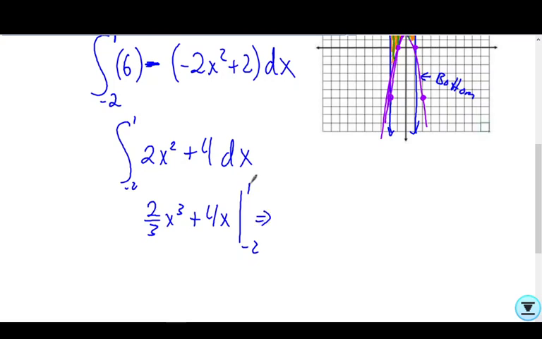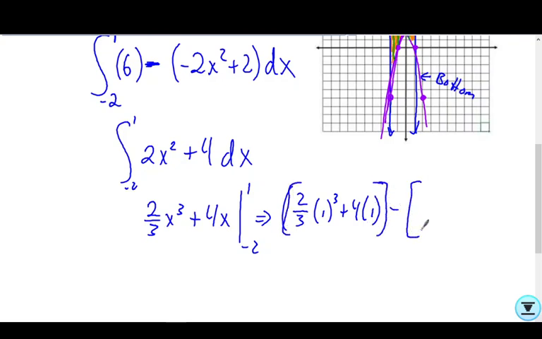We plug in our top limit first: 2/3 times 1 cubed plus 4 times 1, minus the bottom, which would be 2/3 times -8 plus 4 times -2.